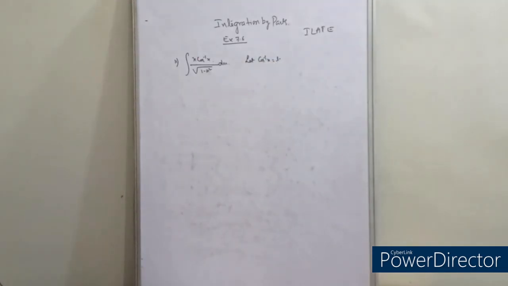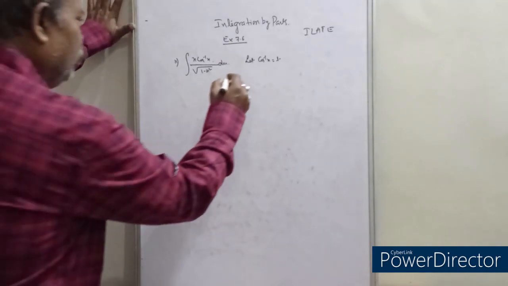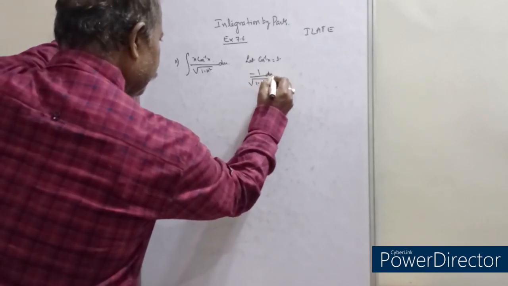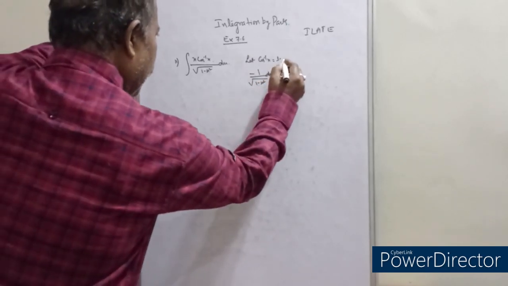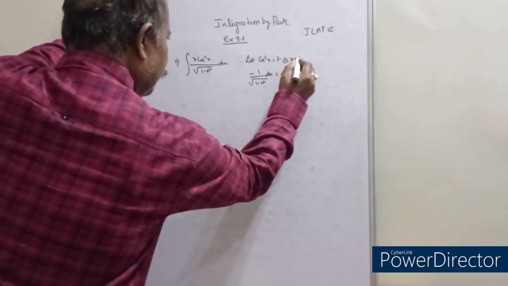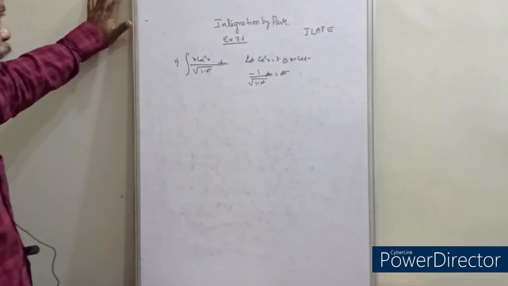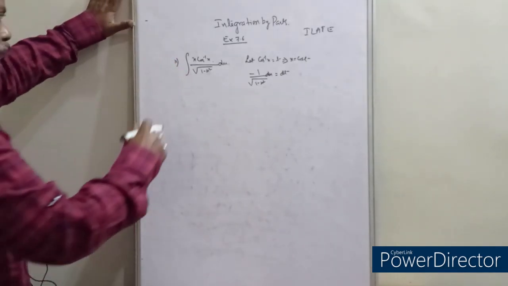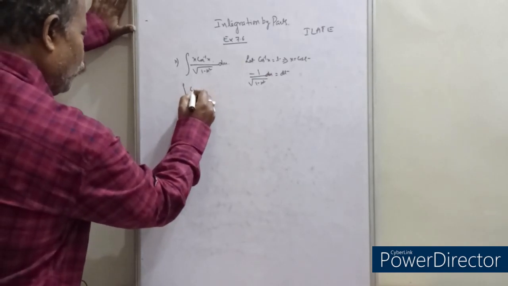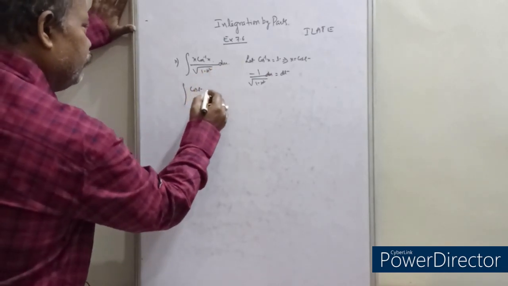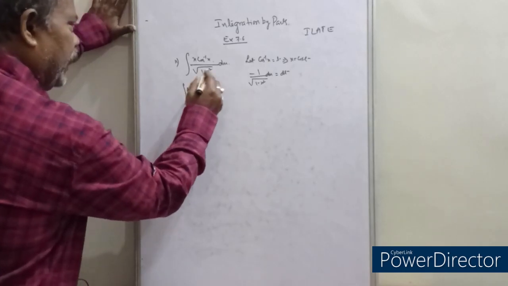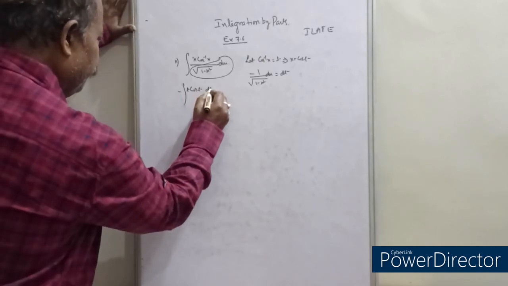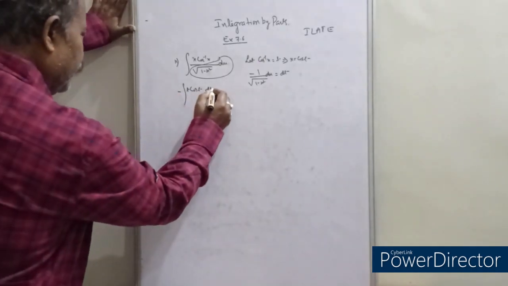When I differentiate it with respect to x, I get minus 1 by root over 1 minus x square dx is equal to dt, and here x is equal to cos t. Now I am going to place all this here. So x will be cos t, cos inverse x will be t, and dx by this will be equal to minus dt. So here is your result.